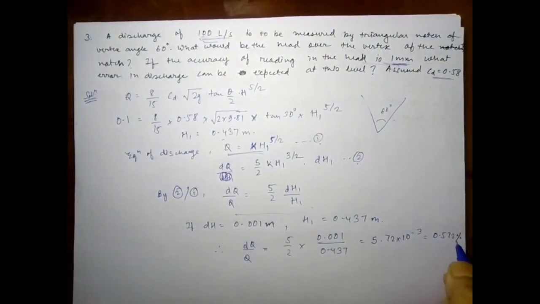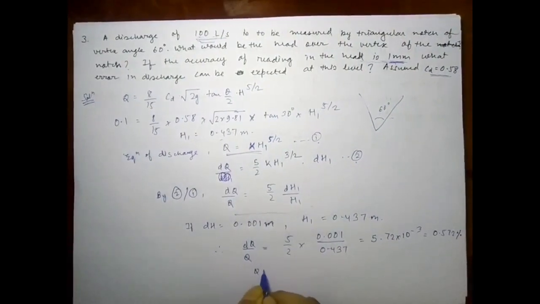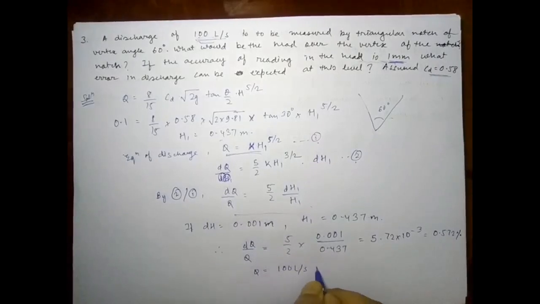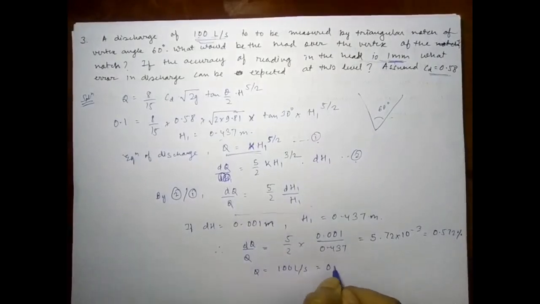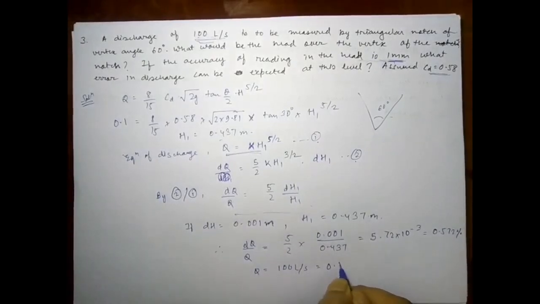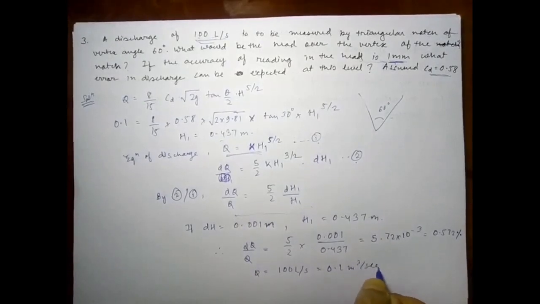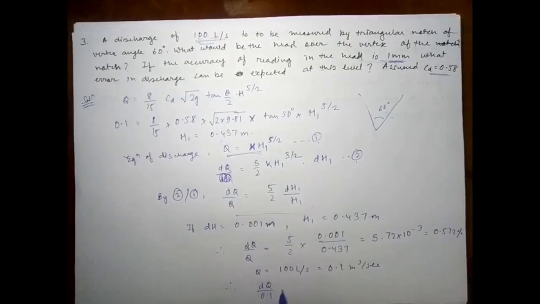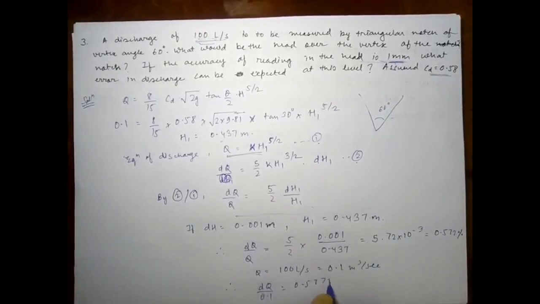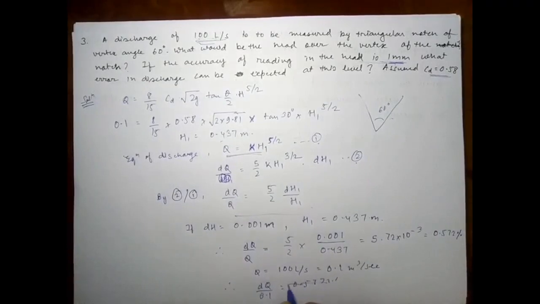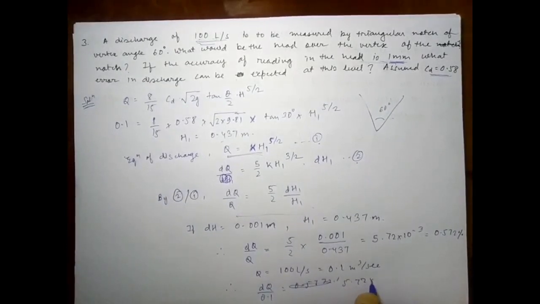And it is equal to 0.572%. Now Q is equal to 100 liters per second, that is 0.1 meter cube per second. Therefore dQ by 0.1 is equal to 0.572%, or it is 5.72 times 10 to the power minus 3.